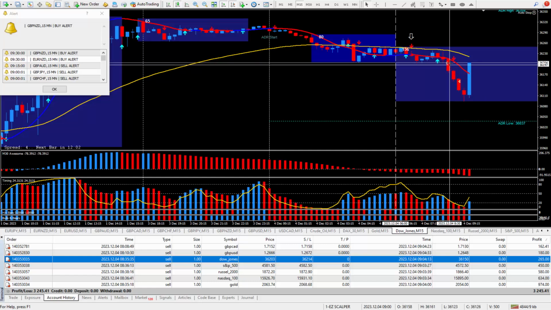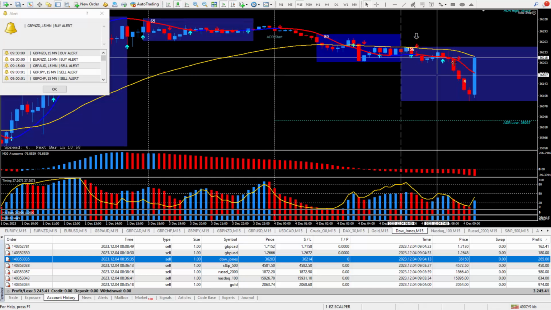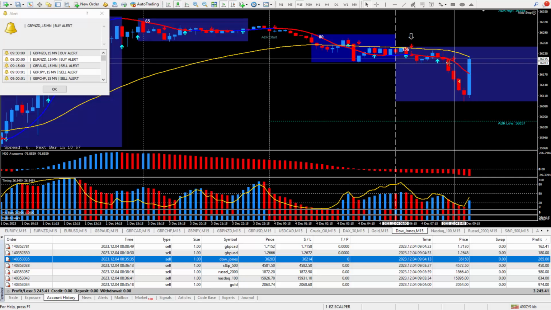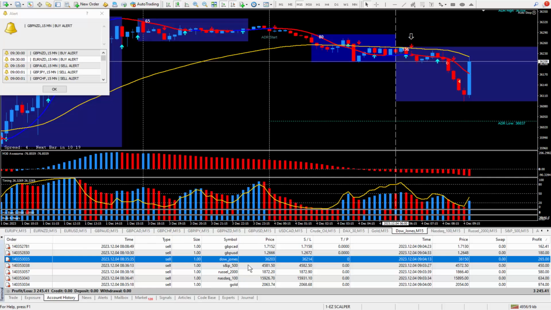So let's see now if I can find that, what did I say, 53. Let's see if we can find that 53 pips, or ticks I should say. There it is right there, 53 ticks, paying out $265. Okay, moving on to the next one.